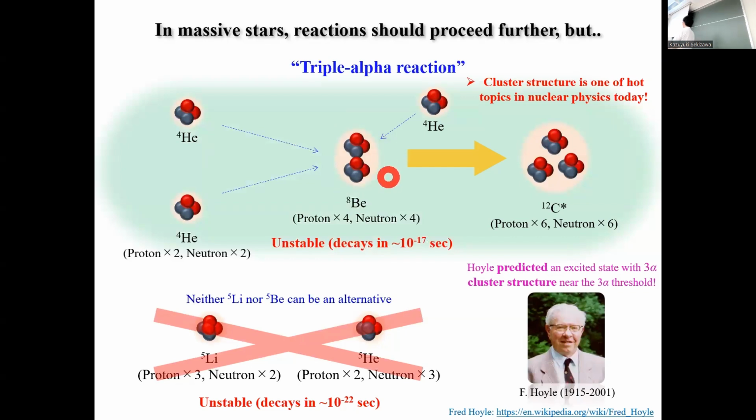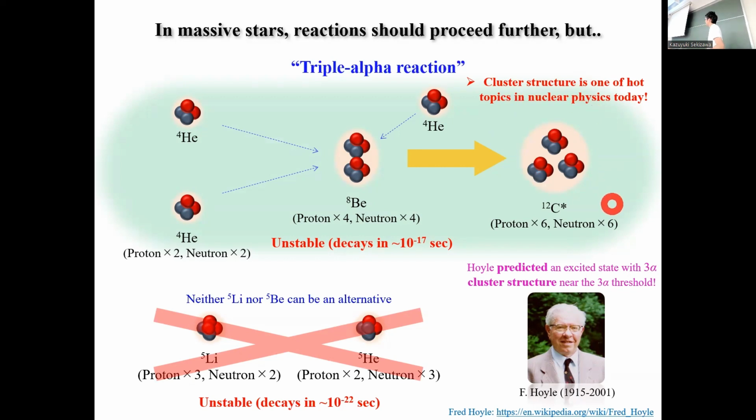This resonance and triple alpha reaction was predicted by Fred Hoyle. Later, experimentally, this excited state was discovered. And this kind of nuclear structure with clustering is one of the hot topics of nuclear structure study.